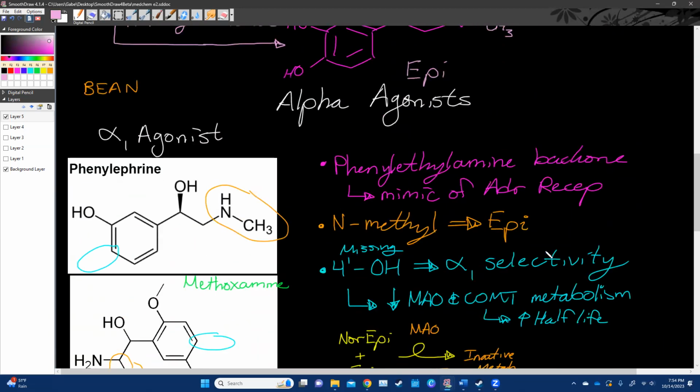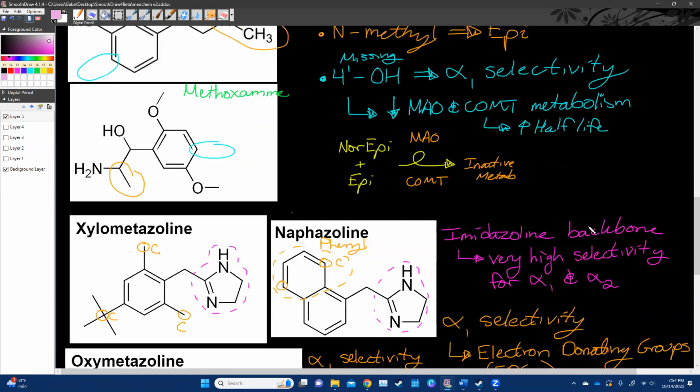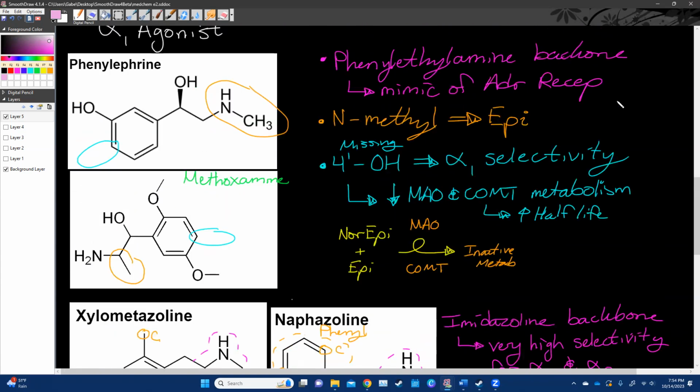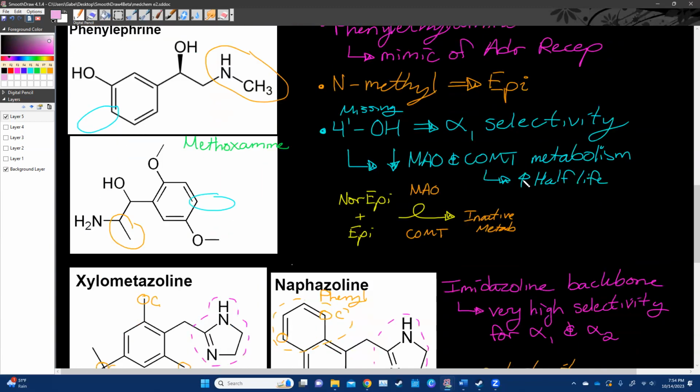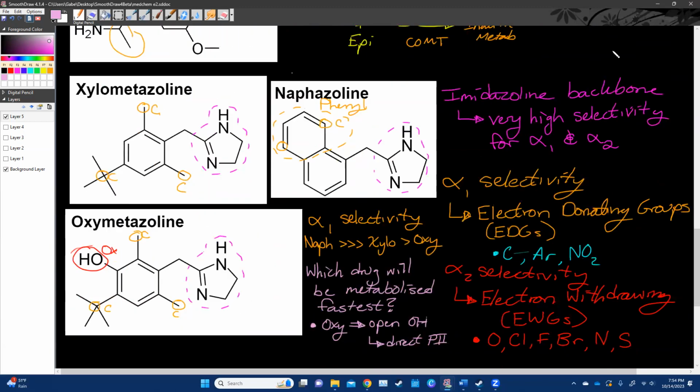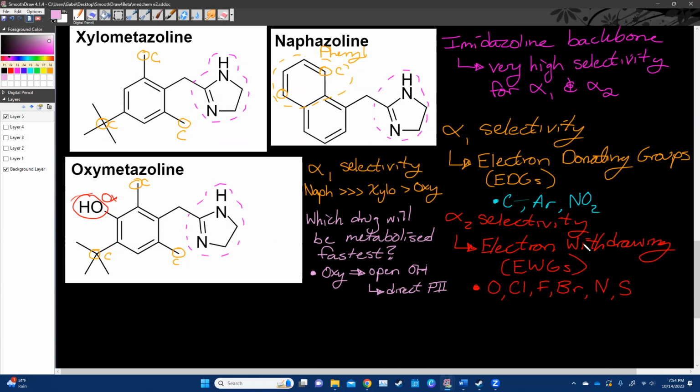So for alpha-1 agonists, we have two different types. We have the phenylethylamine backbone, which very clearly mimics our neurotransmitters, or we rely on the imidazoline group to force ourselves into the alpha receptors, and then we can choose alpha-1 or alpha-2 based on what is connected to that phenyl group.